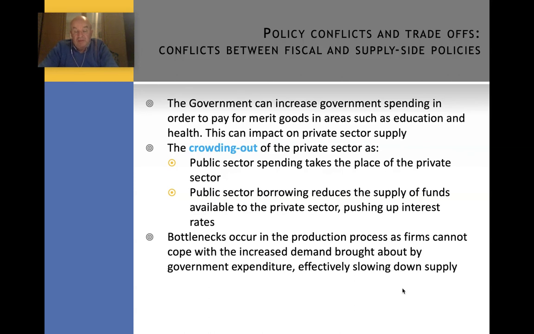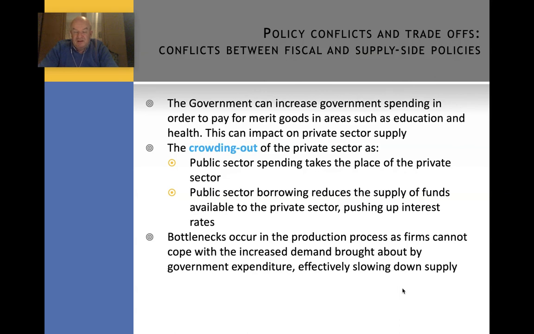When we're talking about this conflict between fiscal and supply side policies, we could find that in some cases we might get bottlenecks in production processes as firms can't cope with the increase in demand brought about by government expenditure. If that happens, then effectively we're slowing down supply, and that clearly is not going to be a good thing.